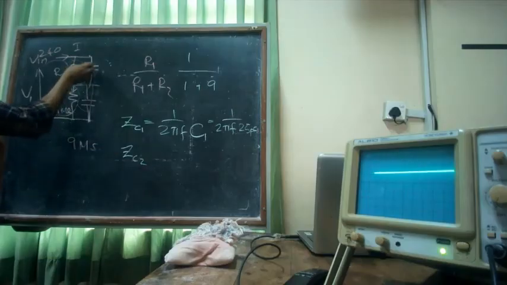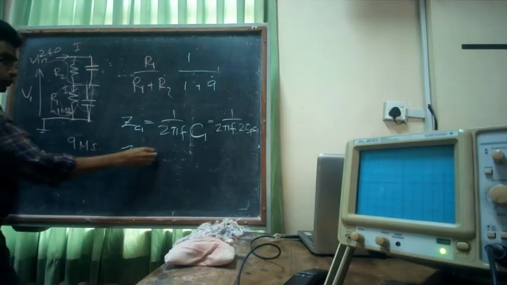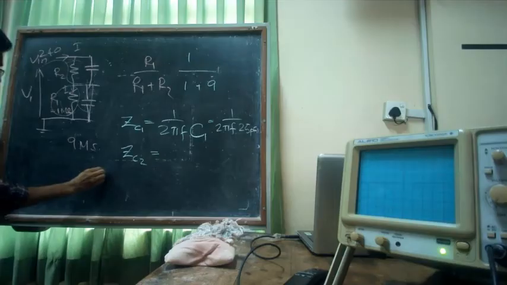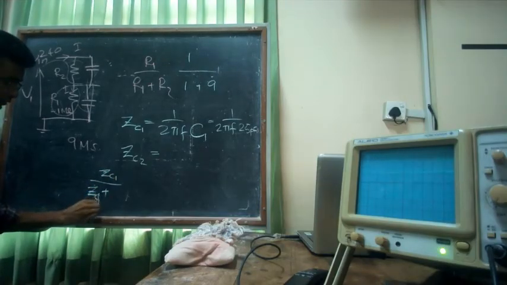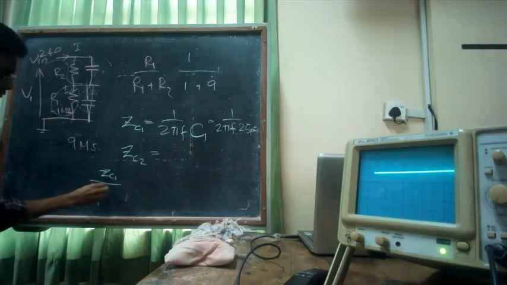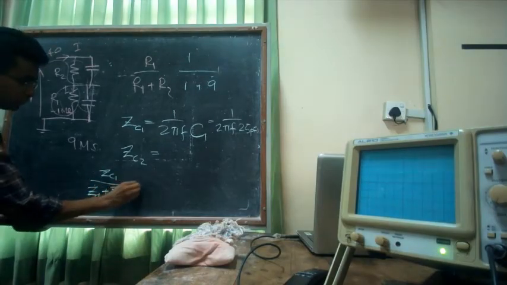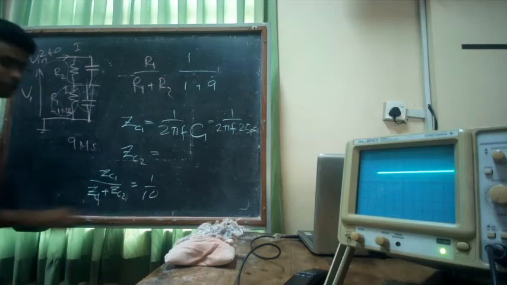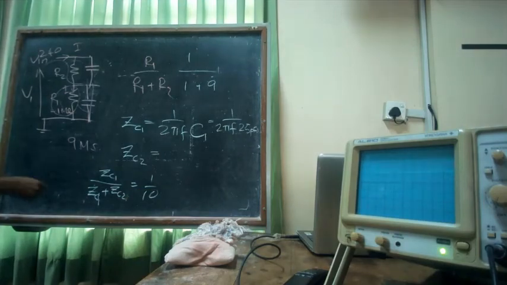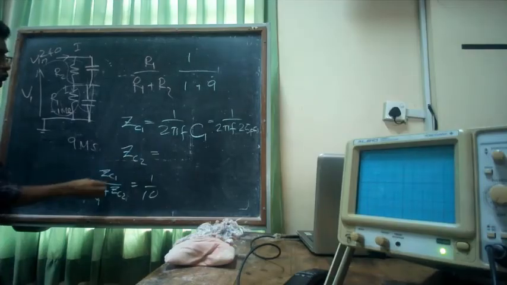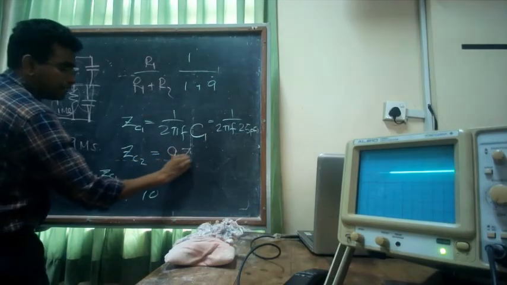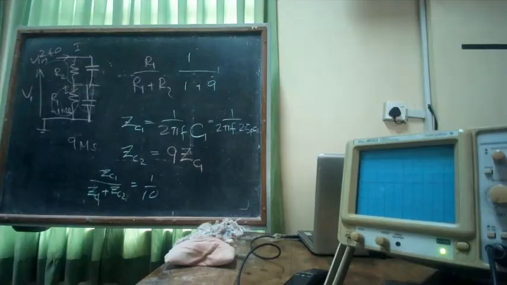C2, the value that I need to put there, should be such that C1 over C1 plus C2 is equal to 1 over 10, right? So again, C2 therefore should be 9 times C1, the same as R, right? This is the impedance, not the capacitance. So therefore 9 times.